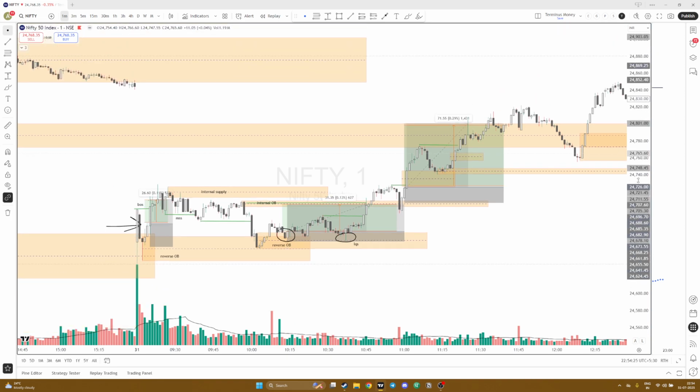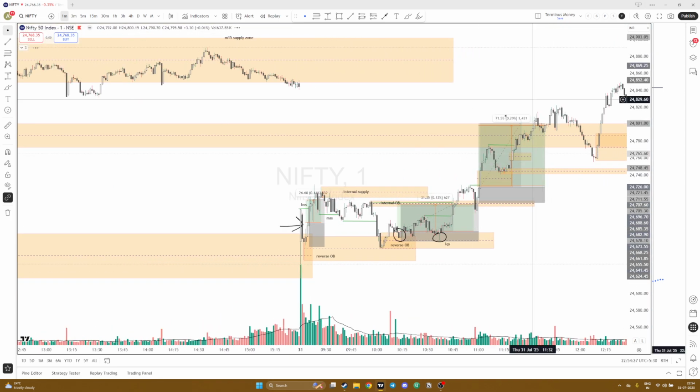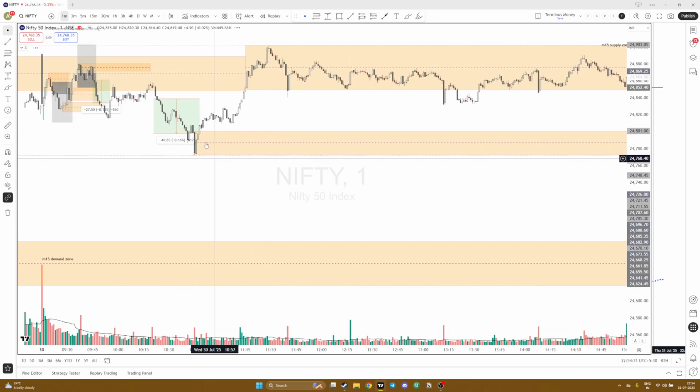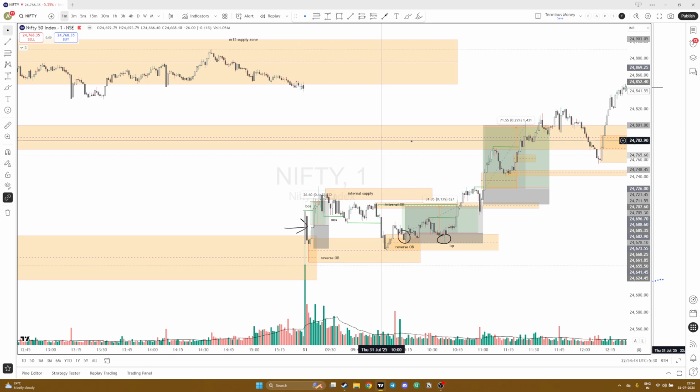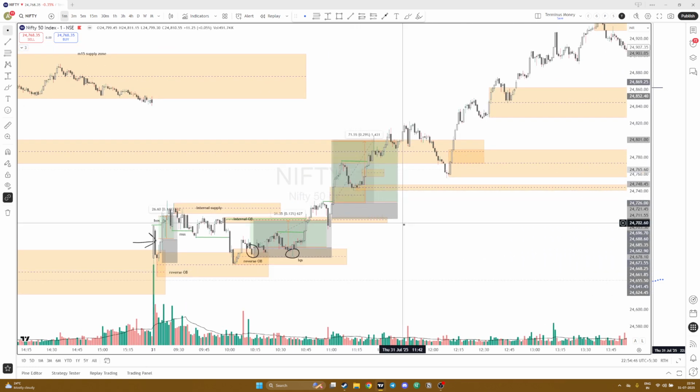I'll tell you my exact exit point. Yeah, this zone. What was this zone? If we trace it back, it was a reverse order block, or you can say it was a demand from the last swing, maybe. So this was a blocker for me.